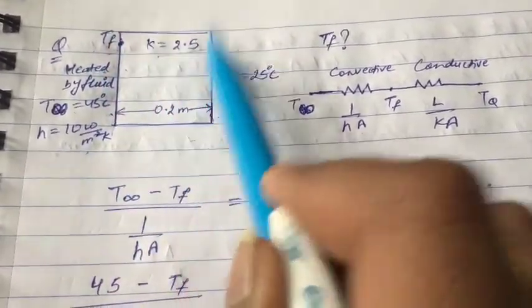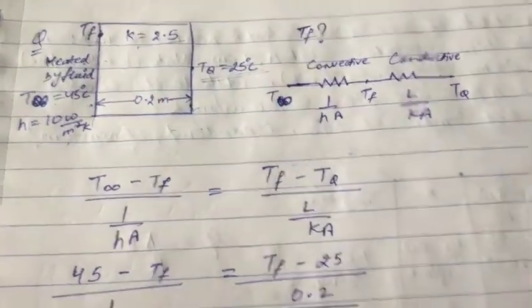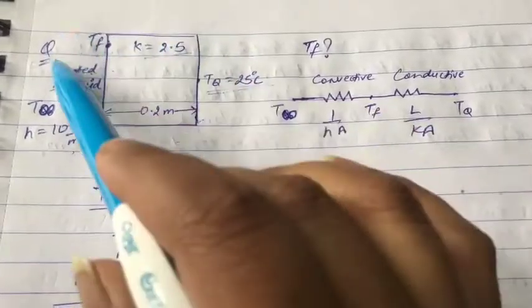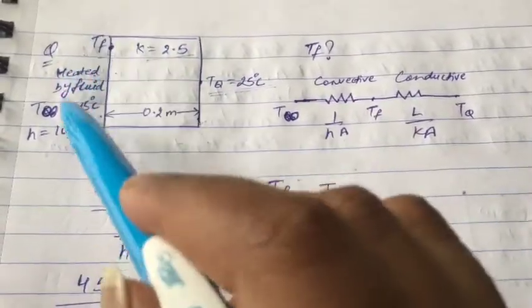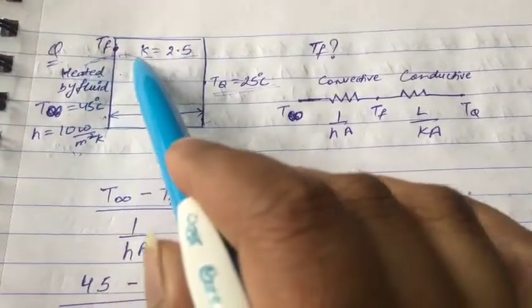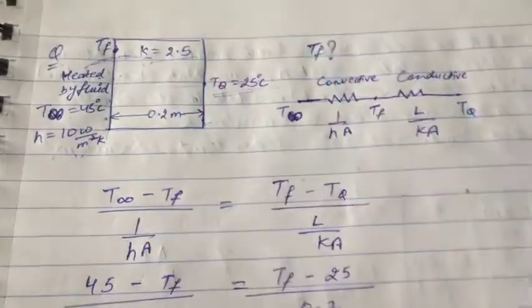K is given as 2.5 and temperature for this surface we have is 25 degrees Celsius. So outside the solid surface heated fluid is there, so at this surface convection would take place and inside the slab conduction would take place.